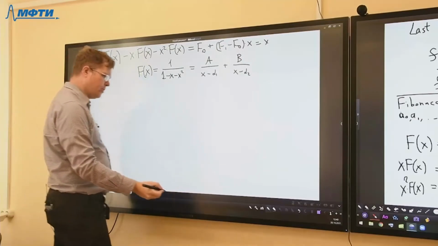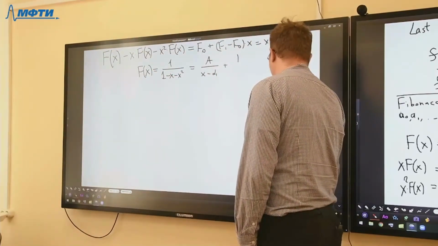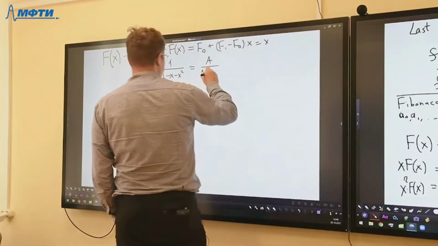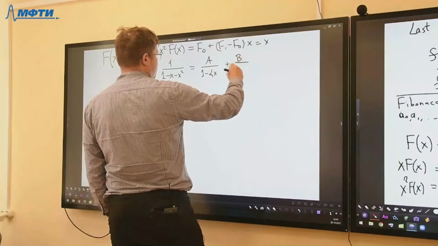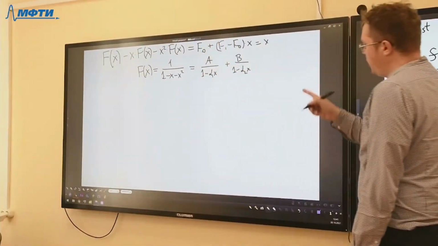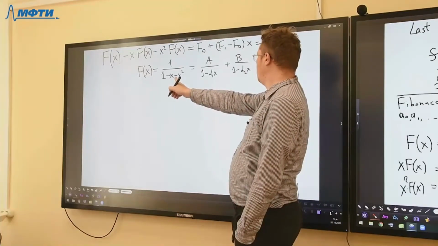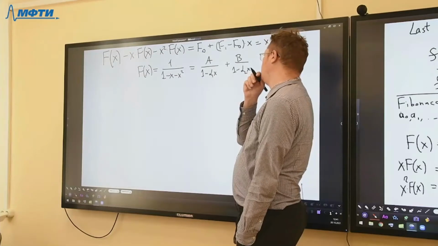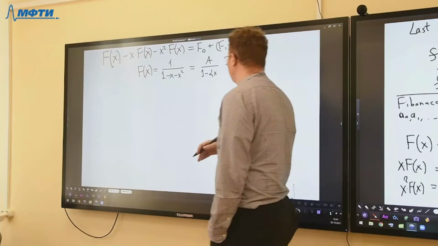Here maybe it's better to write them in a different form: a over 1 minus alpha 1x plus b over 1 minus alpha 2x, where alpha 1 and alpha 2 are the roots of some polynomial related to this one.